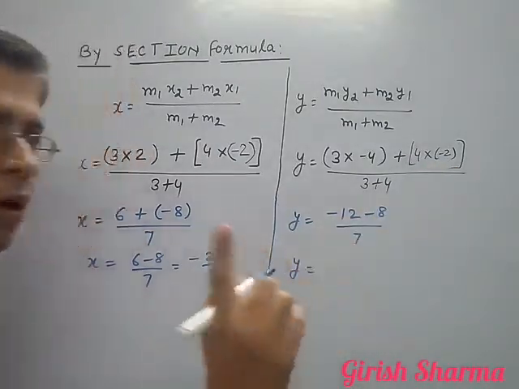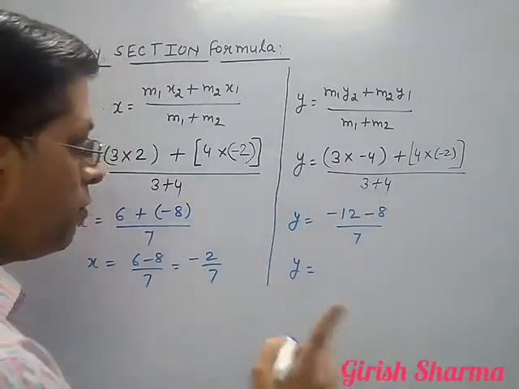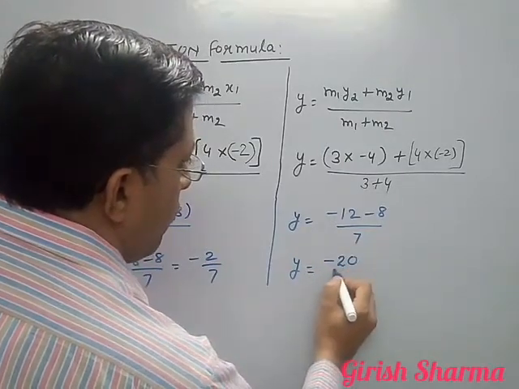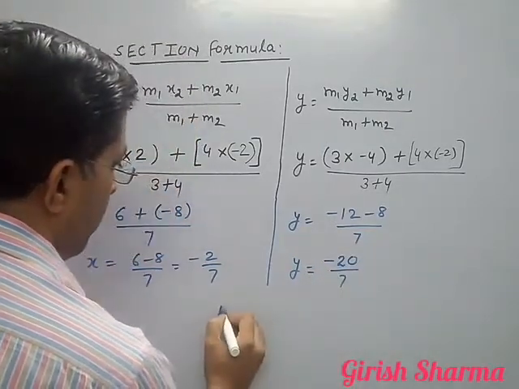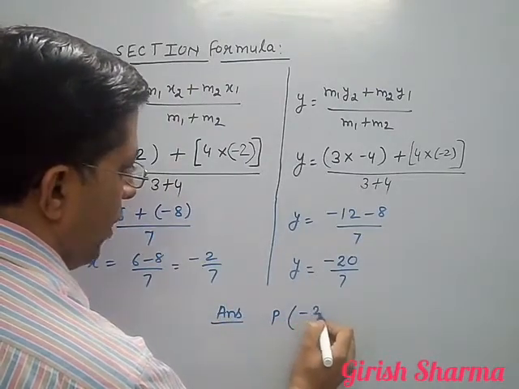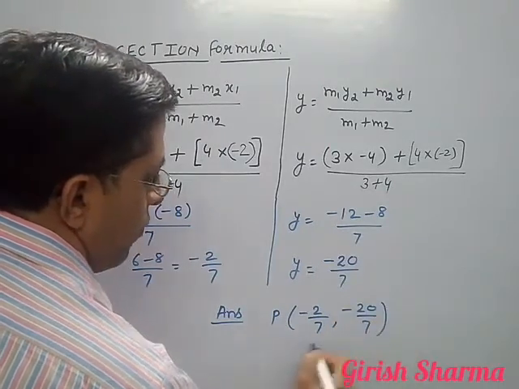Minus 12 and minus 8 will be minus 20. Keep in mind, it will be very clear, minus 20 upon 7. Then what will be the coordinates of P? This will be minus 2 upon 7 and minus 20 upon 7.